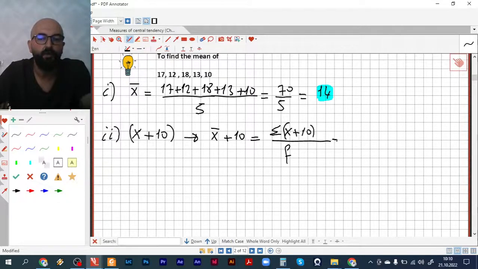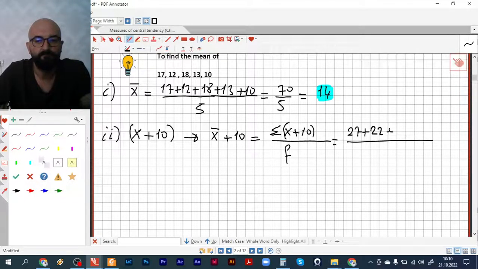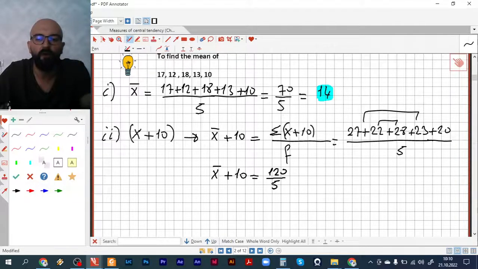If we compute 17 plus 10, 12 plus 10, 18 plus 10, 13 plus 10, and 10 plus 10 over frequency, the mean plus 10 becomes 120 over 5. The mean plus 10 equals 24.